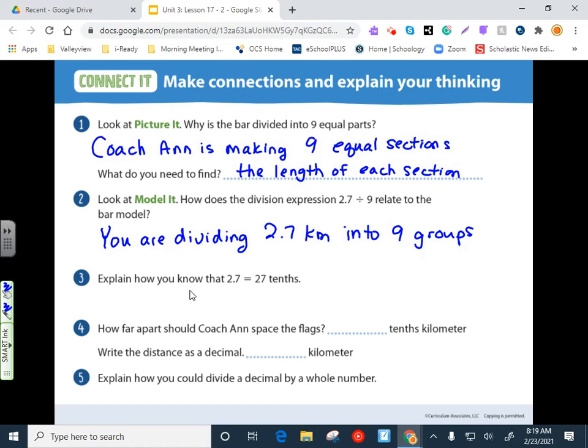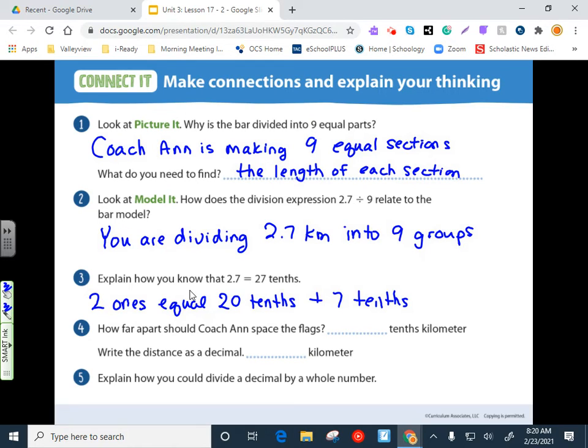Number 3, explain how you know that 2.7 equals 27 tenths. Well, we knew that 2 ones equal 20 tenths plus the 7 tenths that are left over.